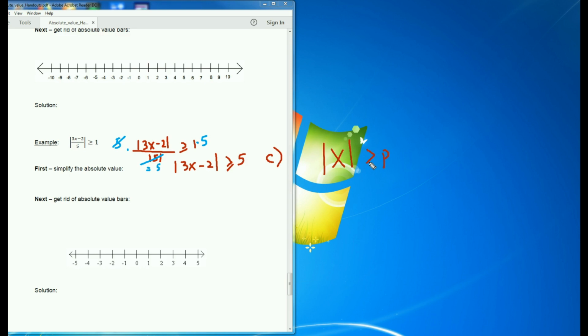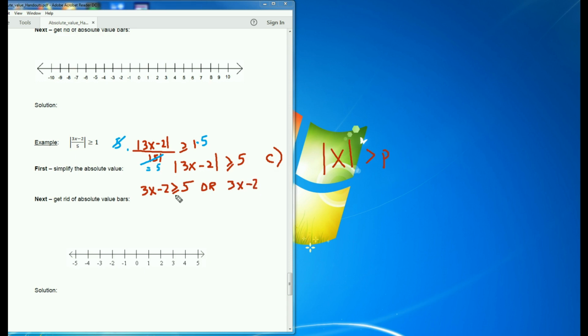So this is not an in-betweener. I have to say either 3x minus 2 is greater than or equal to 5, or 3x minus 2 is less than or equal to negative 5.